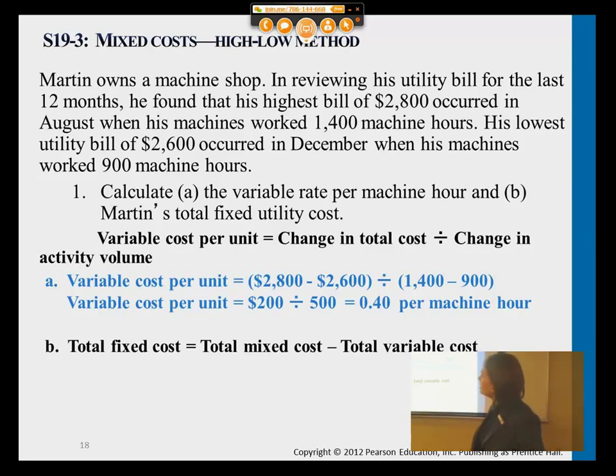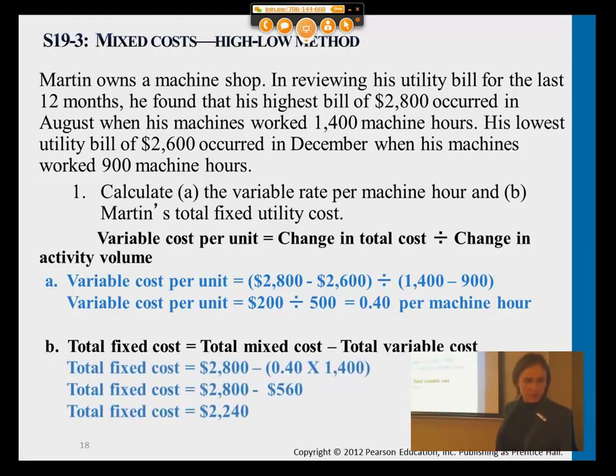So I'm going to use the machine hours for the highest bill, and I'll multiply it by this 40 cents per machine hour that I just found. Okay, let's look. I gave you too much. Okay, so total fixed cost is the difference, and that's how we find the total fixed cost in this case. It's 22,240. All right?